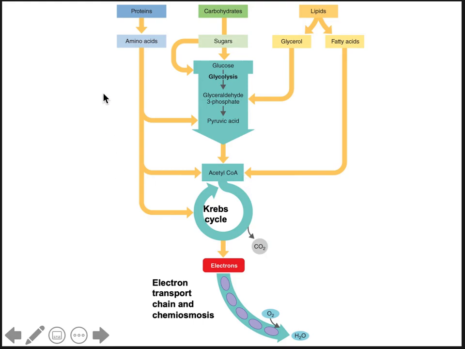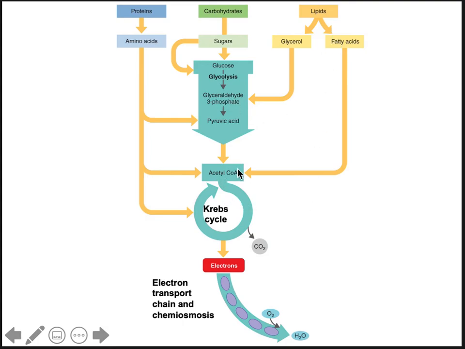So I'm not going to ask you which amino acids, right, because I'm not going over that, but I would like you to know that proteins are broken into amino acids, and different amino acids can feed into different locations of respiration. Lipids are broken into glycerol, fatty acids. Glycerol goes into glycolysis.